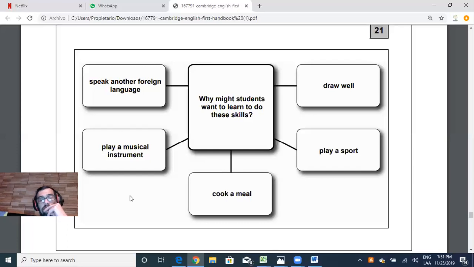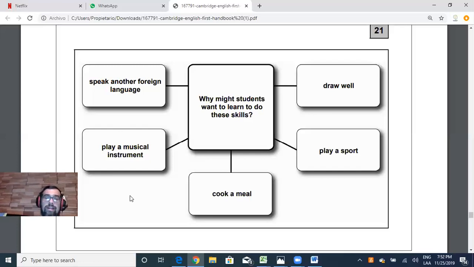I think that could help them for the future. And I think that the best options would be these three options, and I think that these three options are more useful for the students, and I think they could be very good for them.